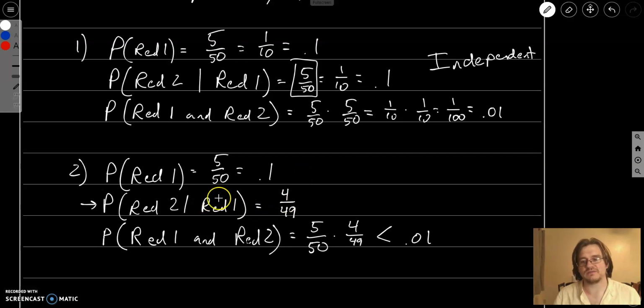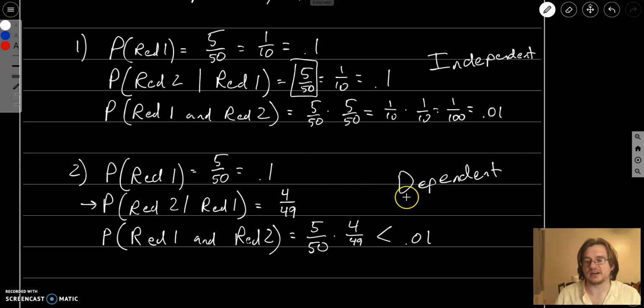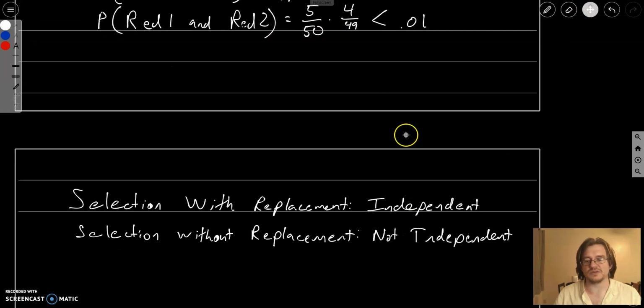However, if you do not replace, depending on what color you drew first, it will affect the probabilities of the second one. So the probability of that second draw depends on the color of the first one. Therefore, it's dependent.